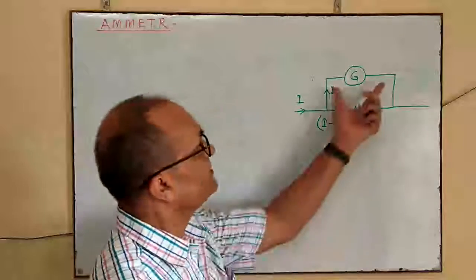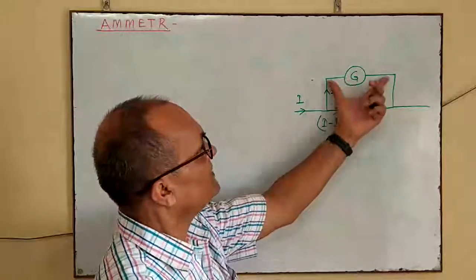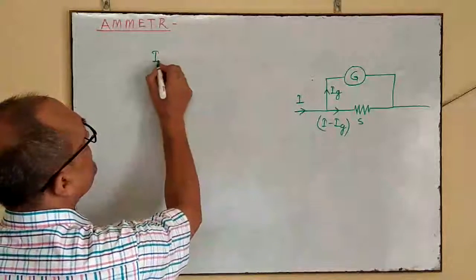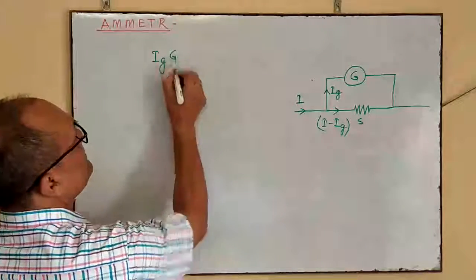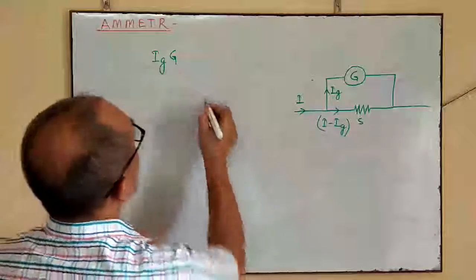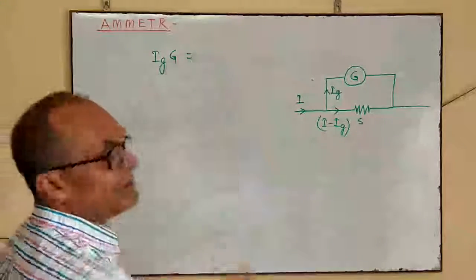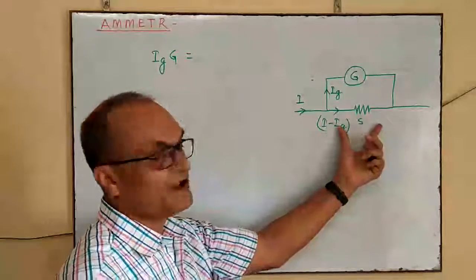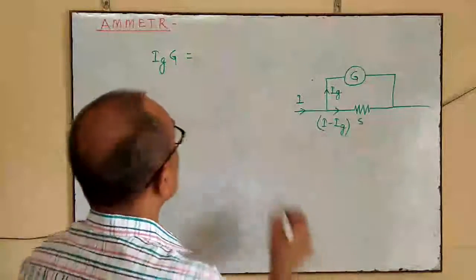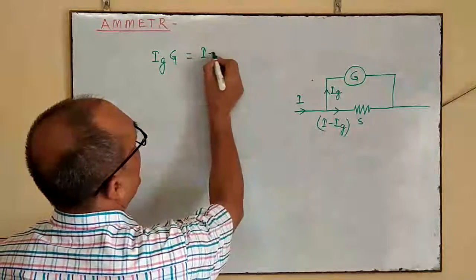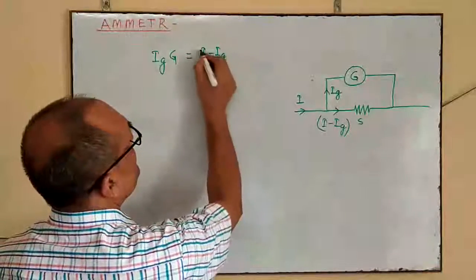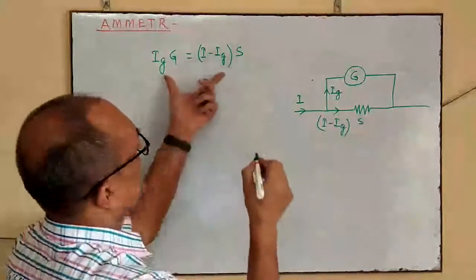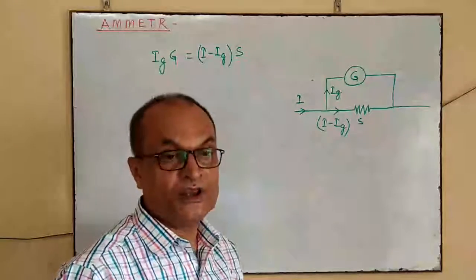So we will write potential across this galvanometer, that will be Ig into G, then potential difference across this resistance, that is current I minus Ig into its resistance. Here we will be using Ohm's law, V equals IR.